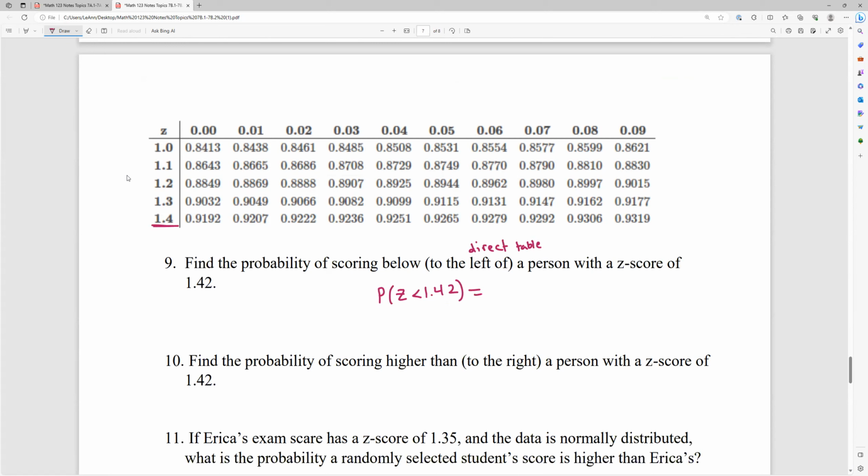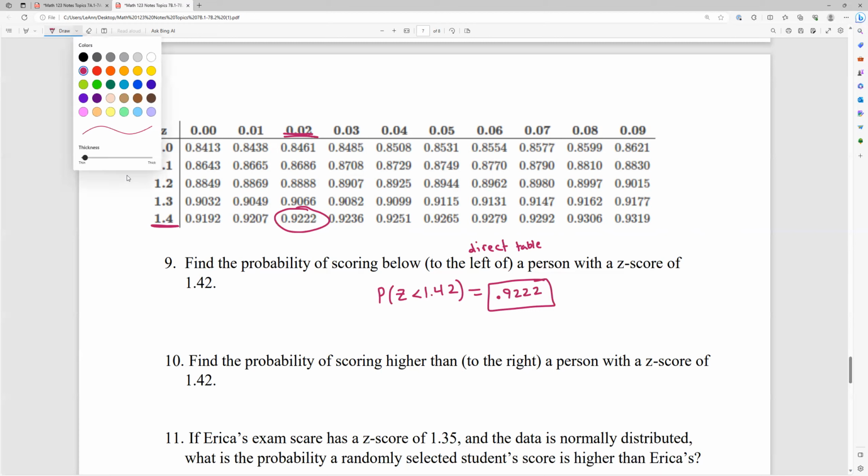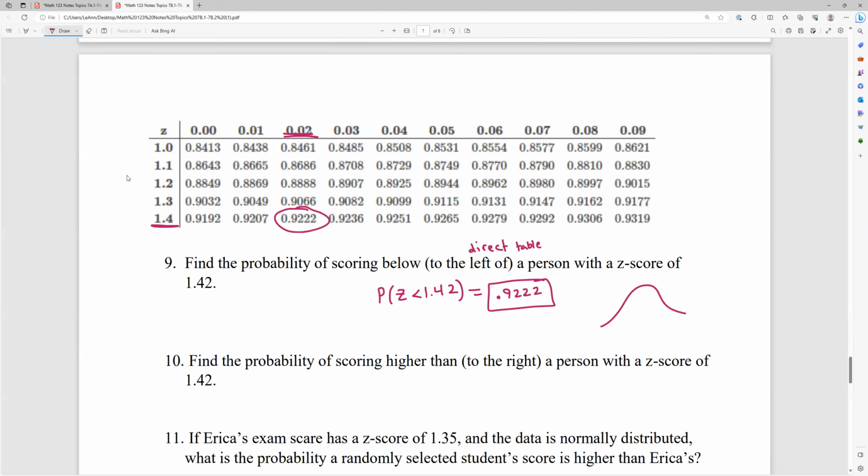So we're going to find 1.4 and 0.02, and then we circle where that row and column overlap. So that is how you do to the left. It's the easiest kind to do, okay? And again, there's a picture that goes with that. If you imagine, here's the mean, here's about 1.42 above the mean. To the left is this area. So it is a large area. It's almost all of your data.